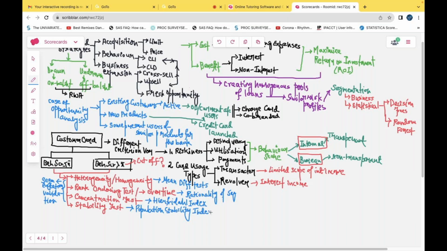That segment can be created statistically or it can be created intuitively. So this is broadly the overview of creating segments even in strategy models, right?